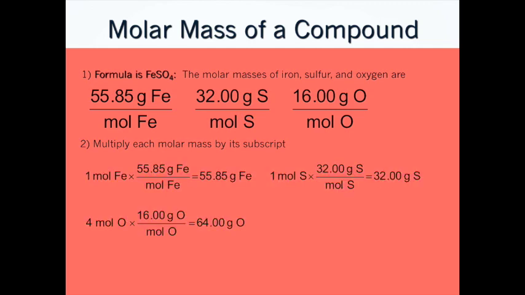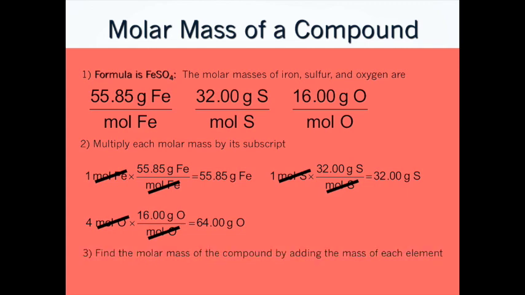In the cases of iron and sulfur, that subscript is 1, but in the case of oxygen, it's 4. So the mass of oxygen in the compound is 64.00 grams, with the moles all canceling. And then you find the molar mass of the compound by adding the mass of each element. So 55.85 grams plus 32 grams plus 64 grams equals 151.85 grams.